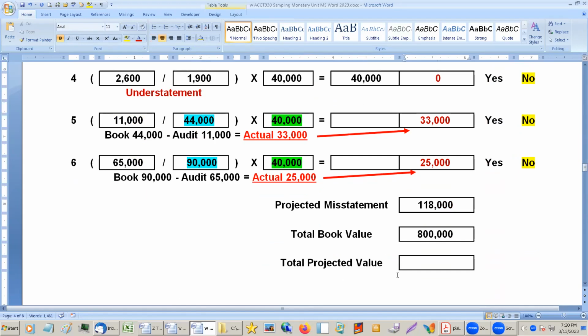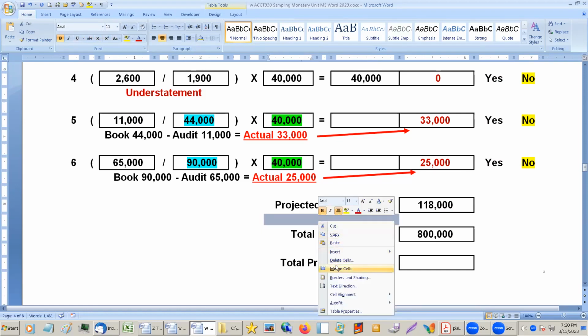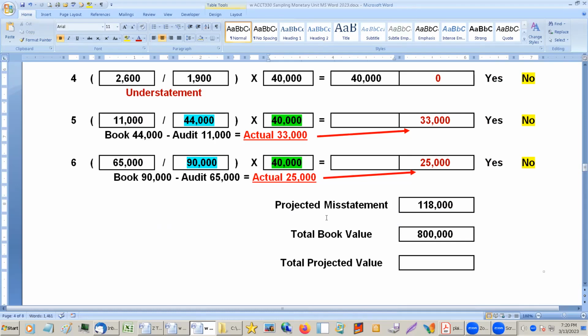So what would be the total projected value? Now remember, this projected value is going to be an overstatement. That's the only thing this method finds, are overstatements. So this projected misstatement really is a projected overstatement of 118,000.